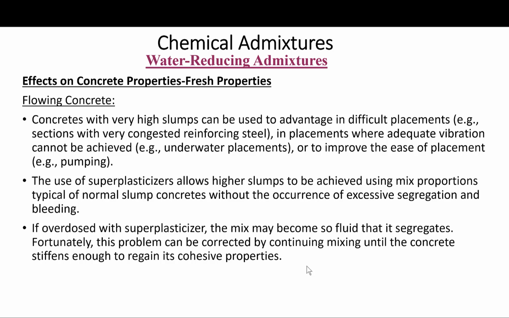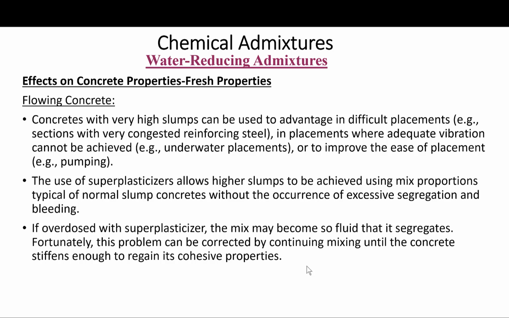So if the concrete is really overdosed with a superplasticizer, it may result in a mix that is so fluid it may segregate. So you have to keep that in mind. But fortunately, this problem can be corrected by continuing mixing until the concrete stiffens enough to regain its cohesive properties. Okay, but nonetheless, overdosing is not a good thing.